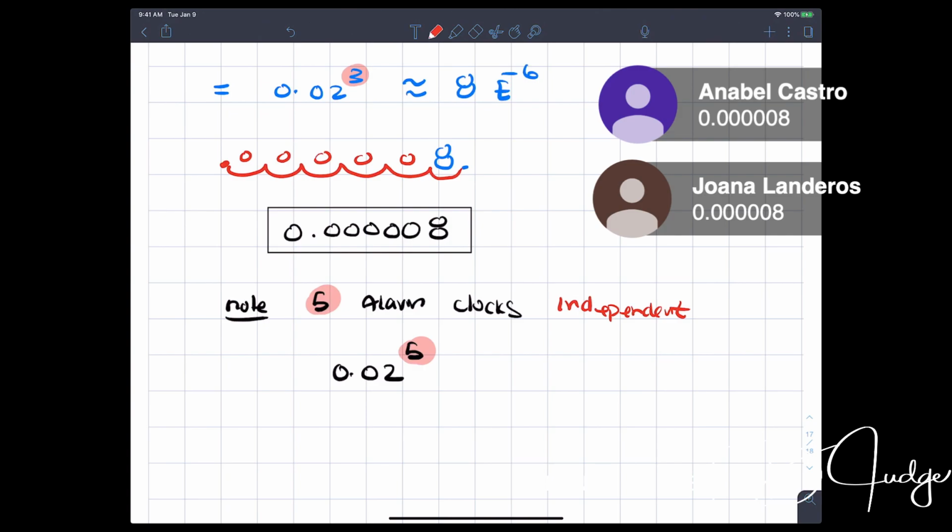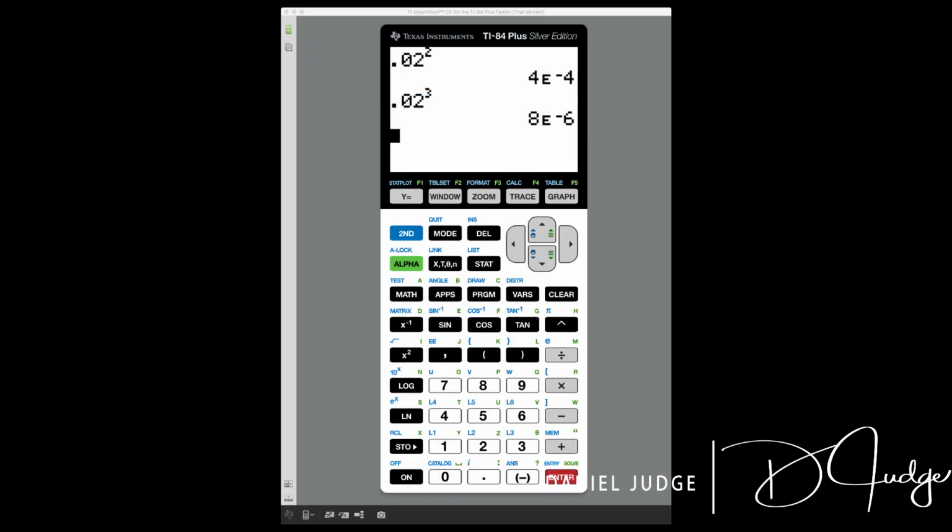So go to the TI, 0.02 to the fifth power now. If we go there, we can say, okay, 0.02 raised to the fifth power. And in this example, the calculator says, here we go, we get 3.2 e to the minus 9 power.